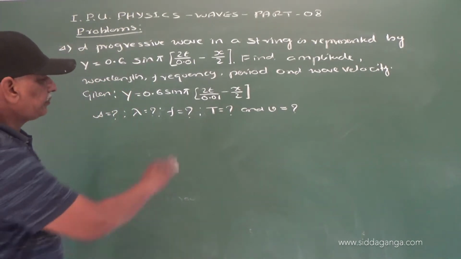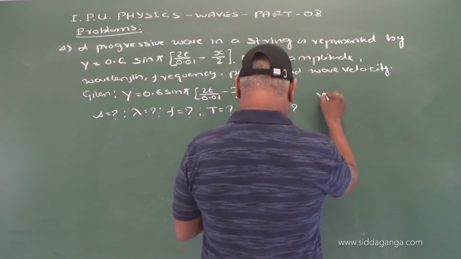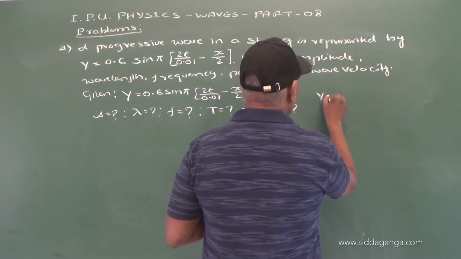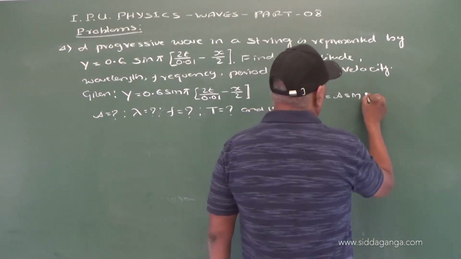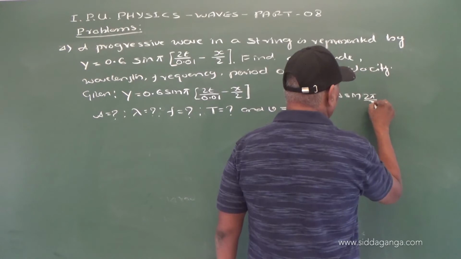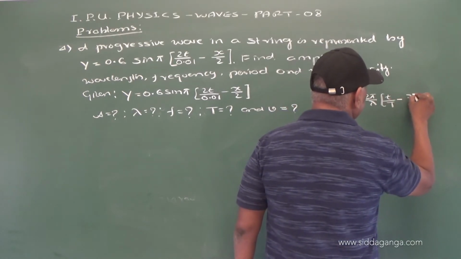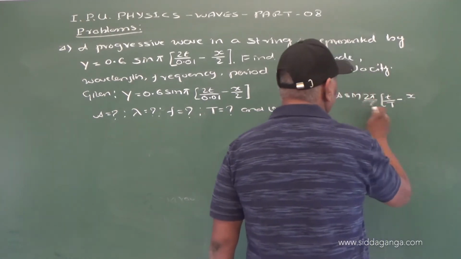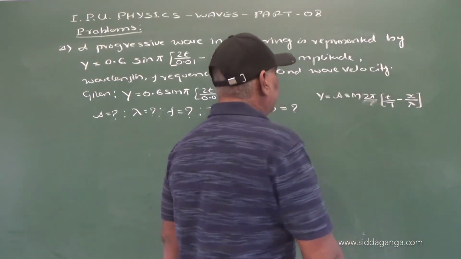Now we have the standard equation, y is equal to a sin 2 pi by lambda into t by T minus x, or y is equal to a sin 2 pi into t by T minus x by lambda.